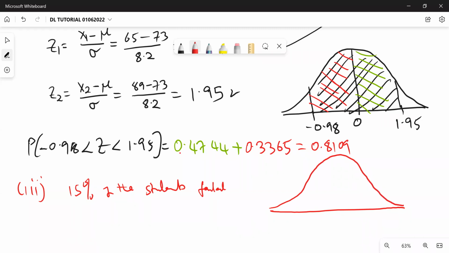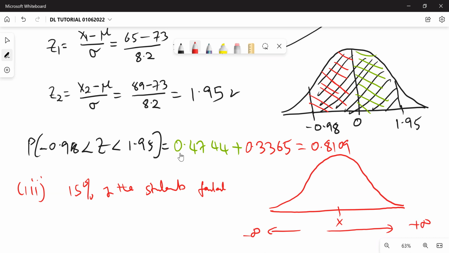These are values of X. This is mu, and these are increasing values of X towards infinity, and this is towards minus infinity. Of course, we know that the marks will be positive values.